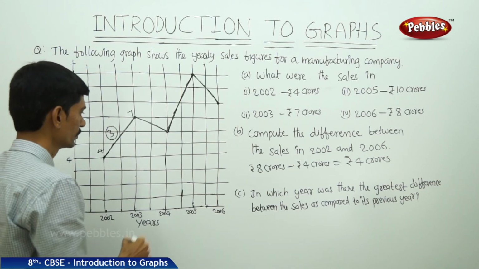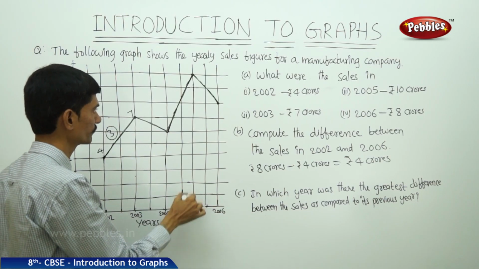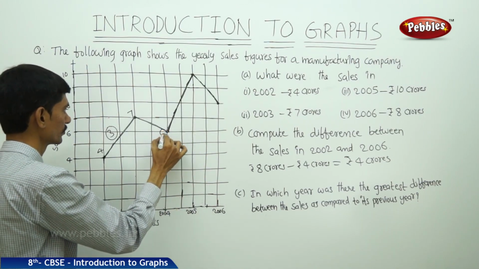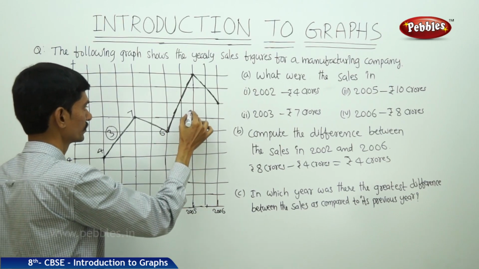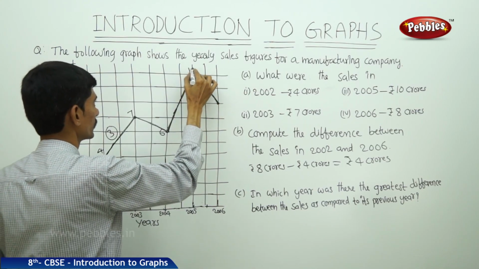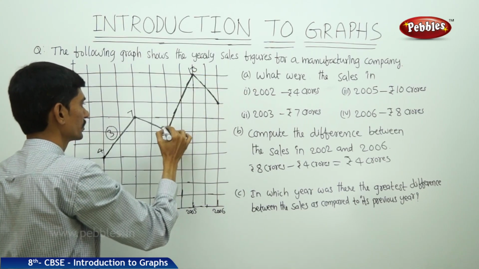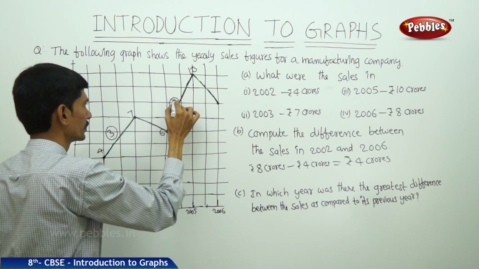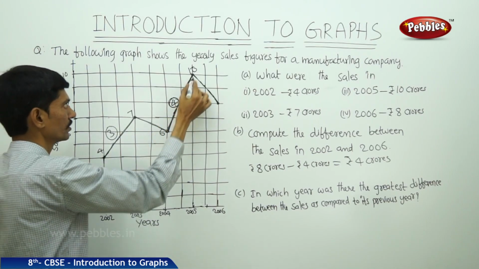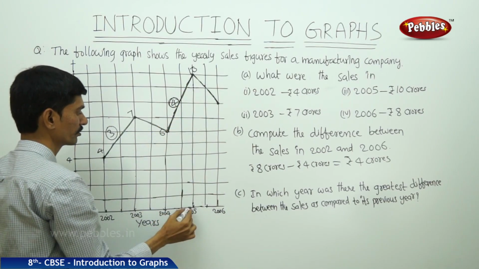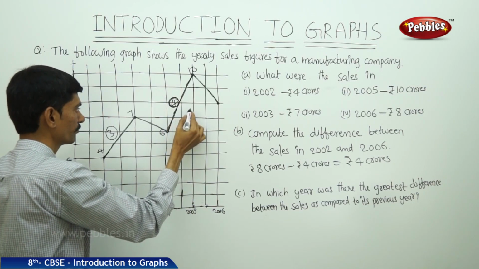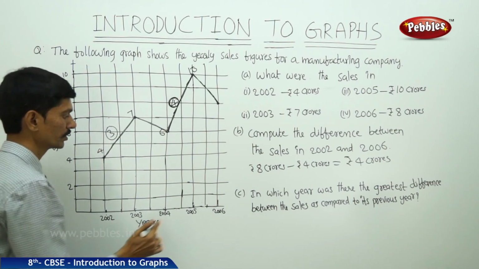But when you compare 2004 to 2005, the sales in 2004 was 6 crores and sales in 2005 was 10 crores. So 10 minus 6 is 4 crores. So the difference between 2002 and 2003 is 3 crores, and the difference between 2004 and 2005 is 4 crores, which is more than the other difference.